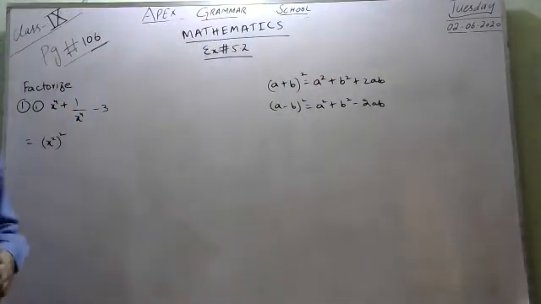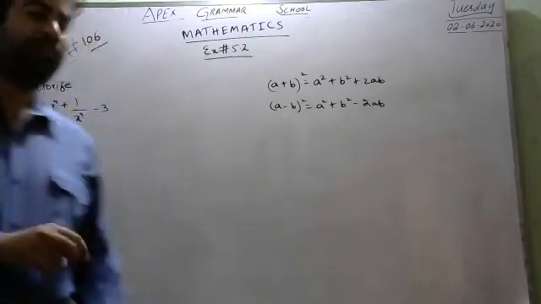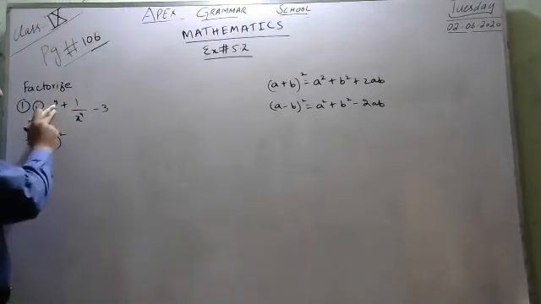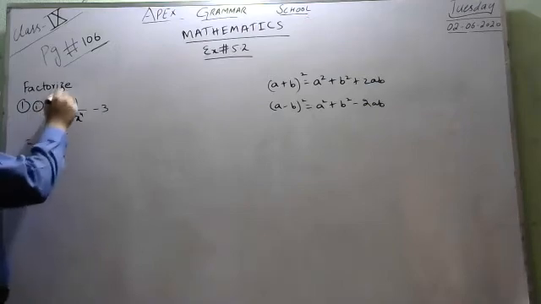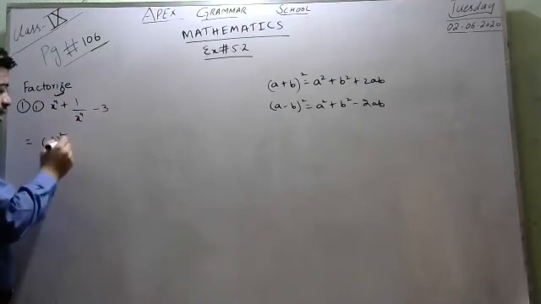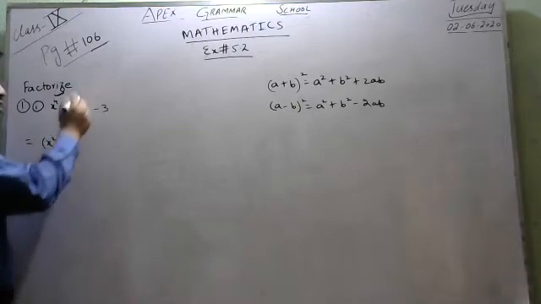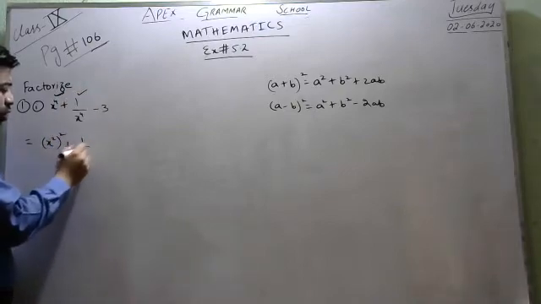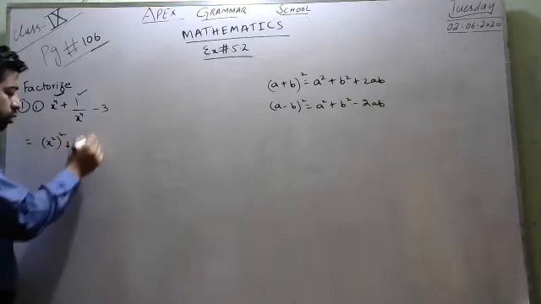Okay, now you have to find another square with positive sign. Another square is 1 over x raised to the power 4. Yes, we found it: 1 over x square whole square.